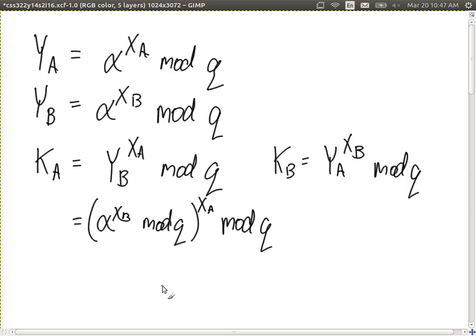When we have a mod Q inside the brackets here and a mod Q outside, we can actually cancel out this mod Q inside because we'll eventually mod by Q there. So if we mod by Q twice, we can write it the same as being mod by Q just once at the end. So it becomes alpha to the XB, all to the power of XA mod Q.